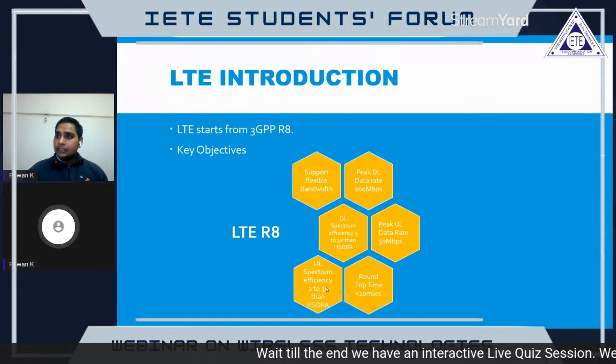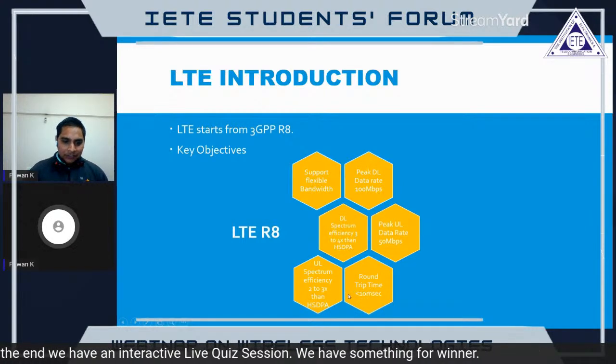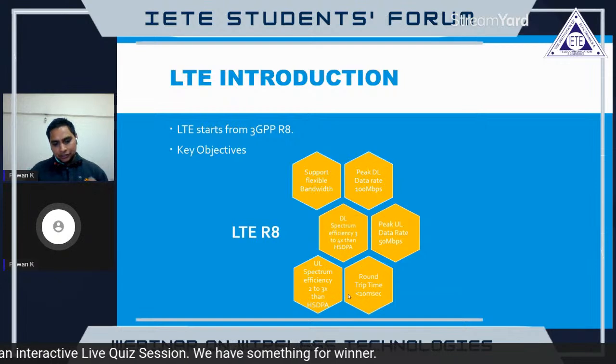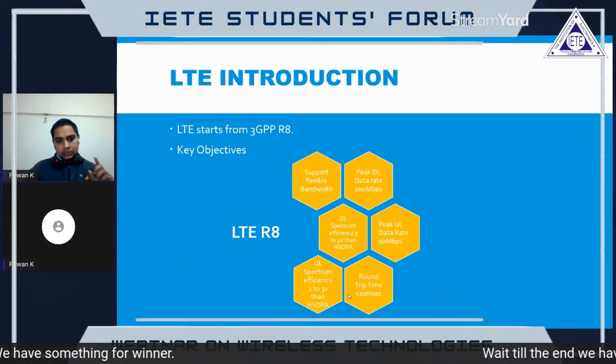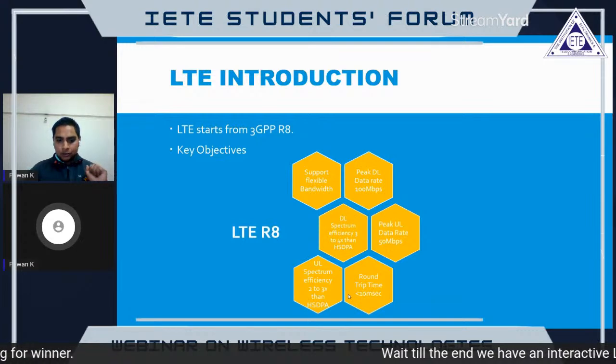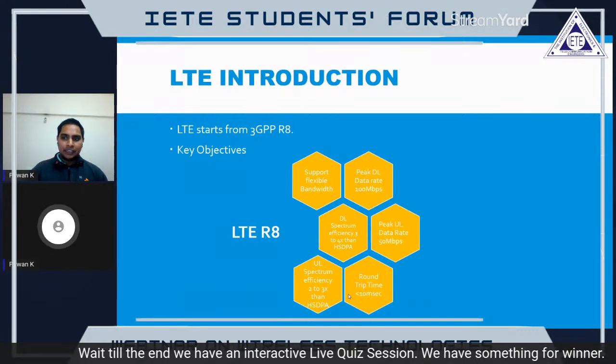One important term here is the round trip time. Round trip time means you try to browse something, you type in Google or YouTube. How much time will it take? Actually, it depends upon the signal conditions and the bandwidth provided by the network.